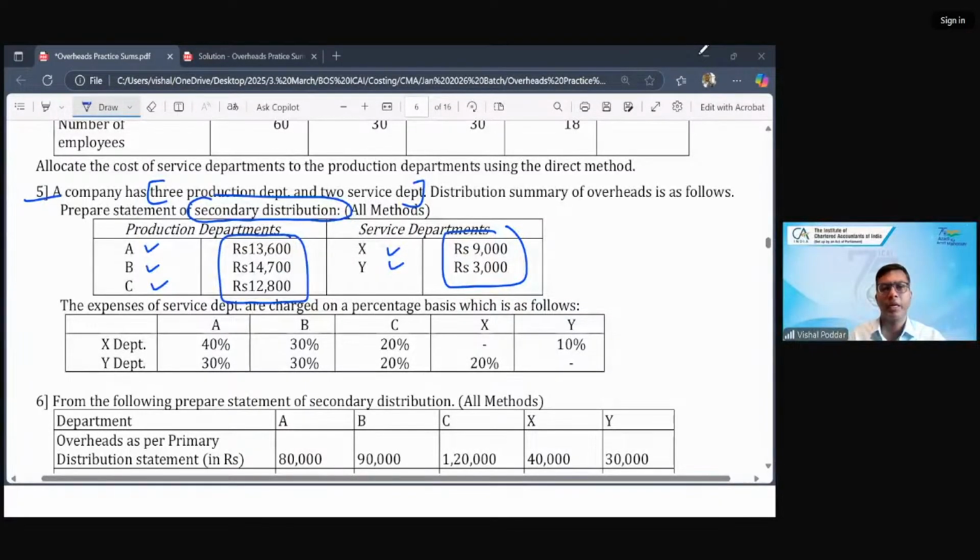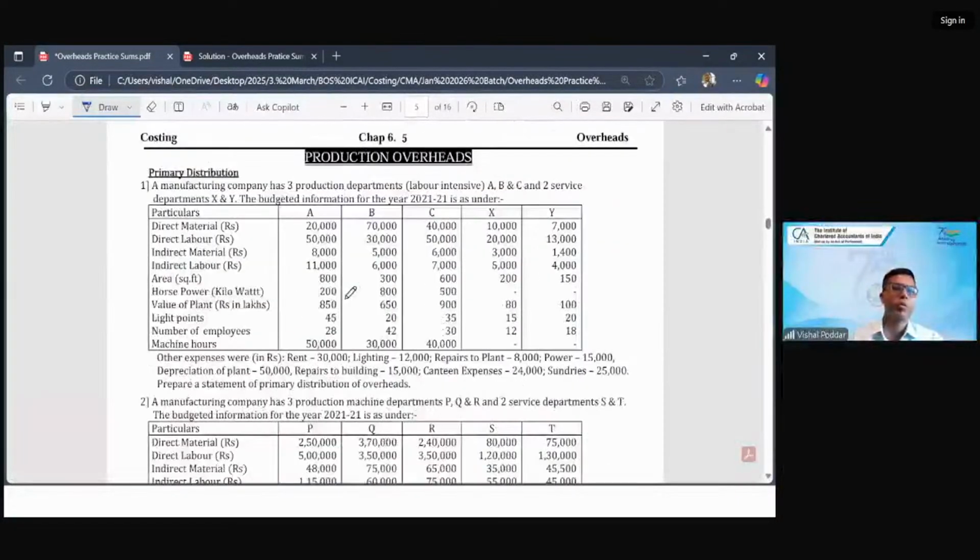Okay, students, pay attention. Now, this is a secondary sum. Hence, you are already given the first step, that is primary is done. How do you know? If you see the original type of sums, these were our original sums from where overhead starts, where you are given the names of the expenses and the different parameters for distributing the common expenses, which we call as basis of apportionment.